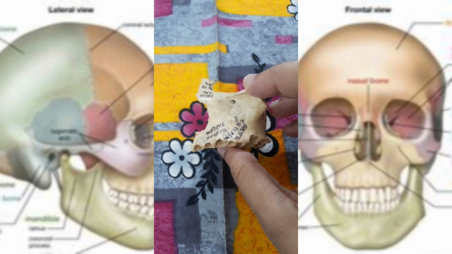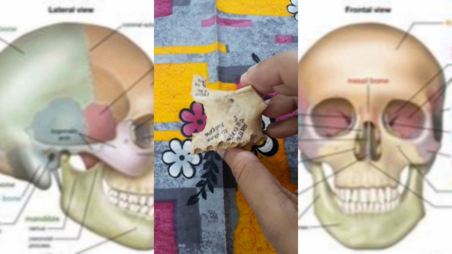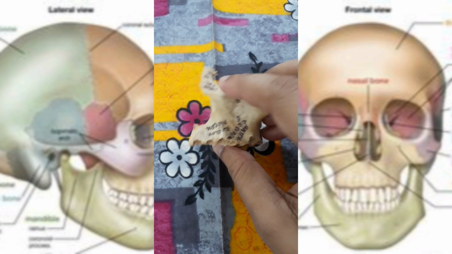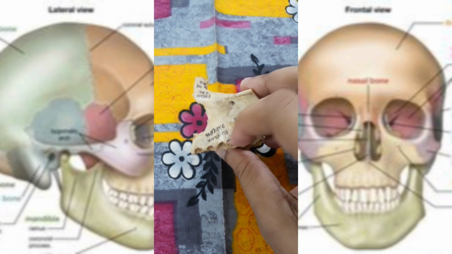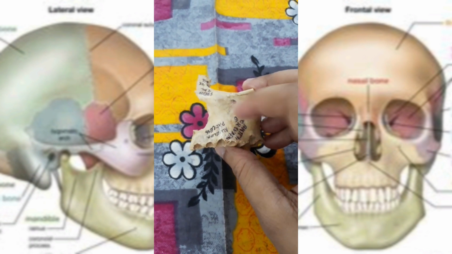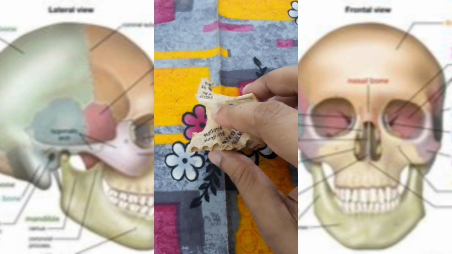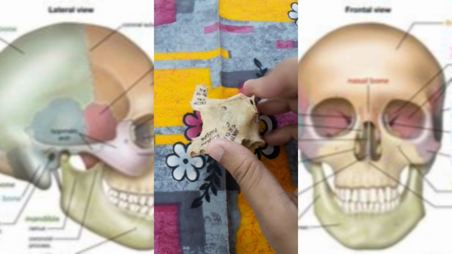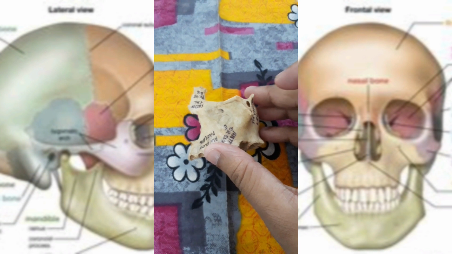We'll study the features of each of these four surfaces. Let's start with the facial or anterior surface. The anterior surface is directed downward and laterally, and it contains the incisive fossa, the canine fossa, and the canine eminence. You can appreciate that from medial to lateral, above the alveolar process, are present the incisive fossa, the canine eminence, and the canine fossa.